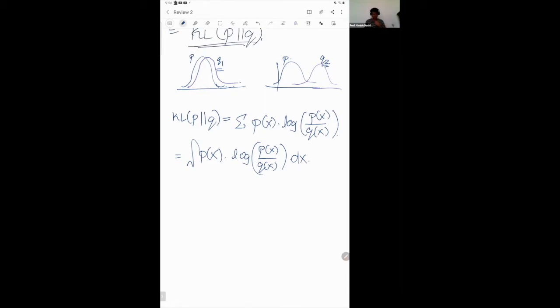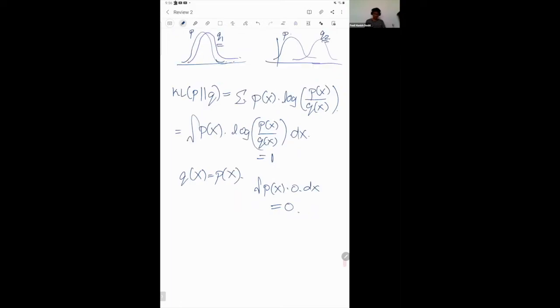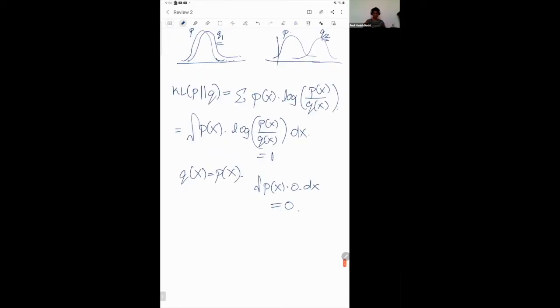Let's say if q of x was exactly p of x, then this would be 1, and the log would be 0, so integrating p of x times 0 dx would be 0. So if p was exactly q, then KL divergence would be 0.